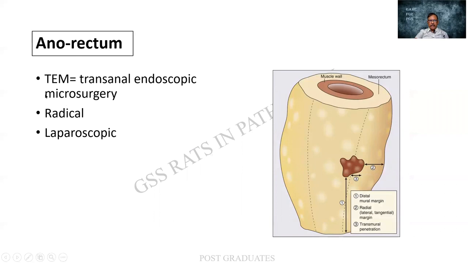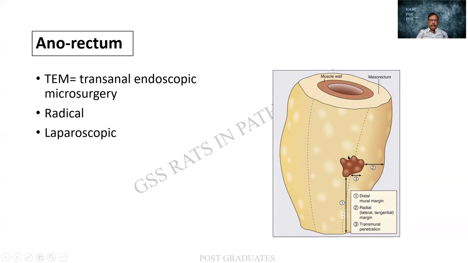Anorectum is another region, and there is something called TEM, transanal endoscopic microsurgery. Nowadays, laparoscopy, microsurgery, these are all the things. But whenever we do something, we should see that it is representative and the details are very clear. How far is it from the resected margin, and whether it is radial, and whether it is a transmural penetration.